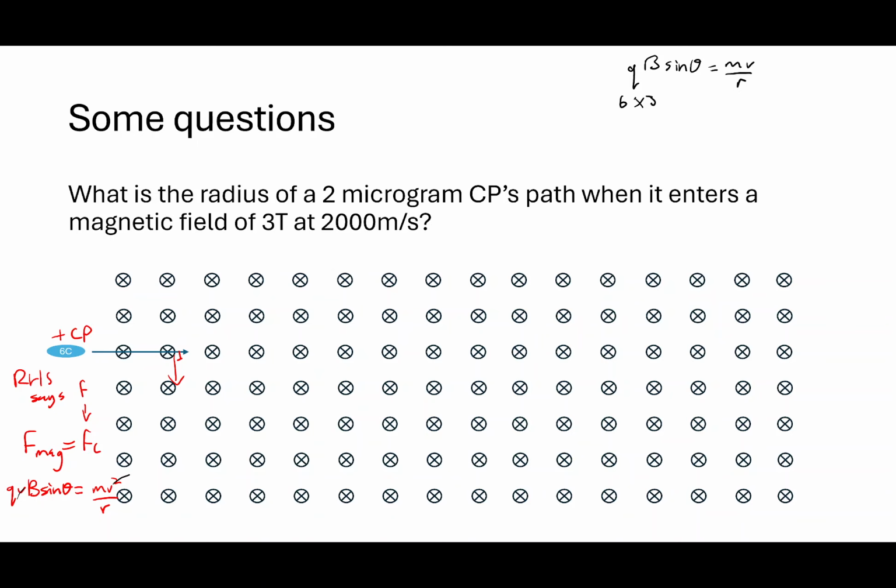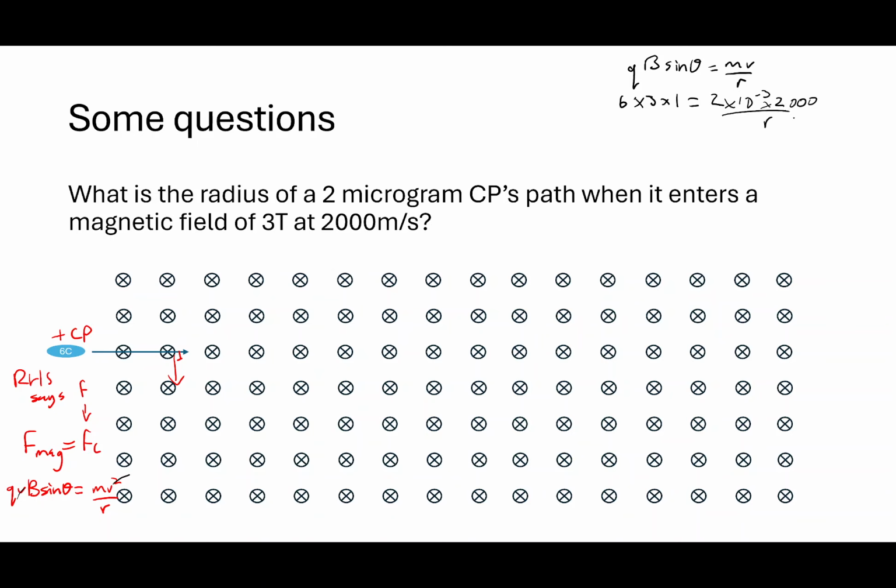So it's perpendicular to the motion of the particle, which is only in the plane of the page. So it doesn't interact with the magnetic field in anything else besides 90 degrees. So sine theta is 1. We know the mass, which is 2 micrograms. Velocity is 2000 meters per second.